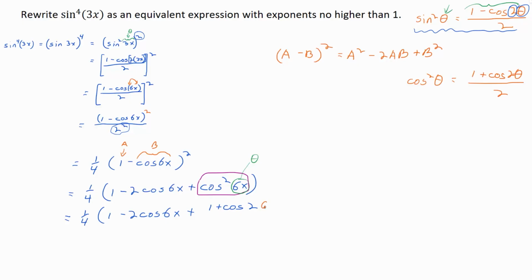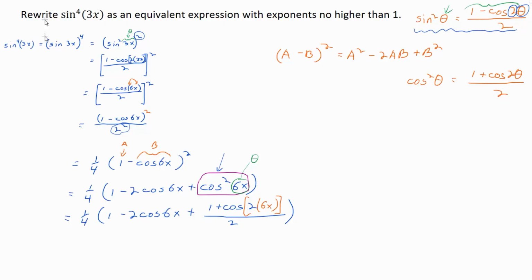So I'll temporarily put in a set of parentheses there, and then a set of brackets, to emphasize that we're taking the cosine of 2 times 6x, that whole thing in orange brackets. And then that's all over 2, close parenthesis. So everything in this box right here, cosine squared 6x, I replaced with 1 plus cosine 2 times 6x all over 2.